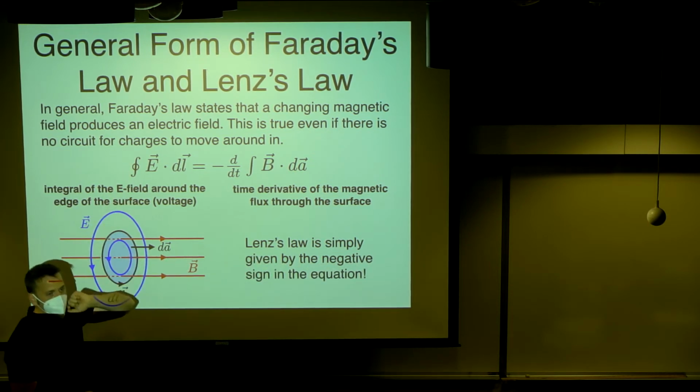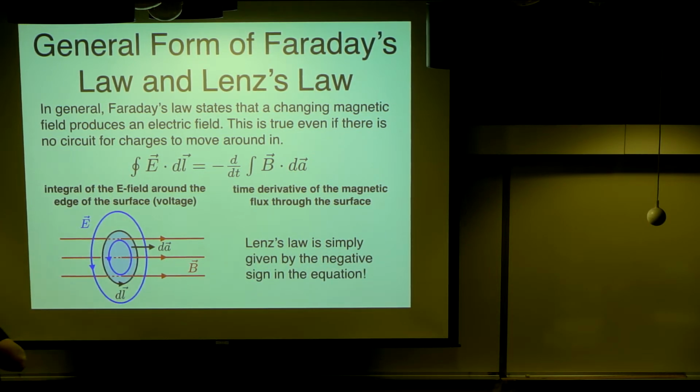We have E dot dL. And hopefully you remember that E dot dL is the same as voltage or EMF, right? So if we're creating some kind of voltage that's causing current to start flowing in a loop, there's an E field ultimately underlying that, and E dot dL is the voltage. That's the definition of voltage, okay?